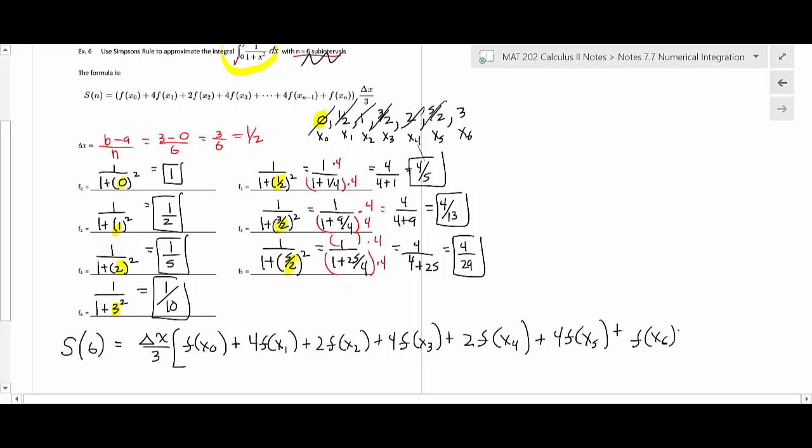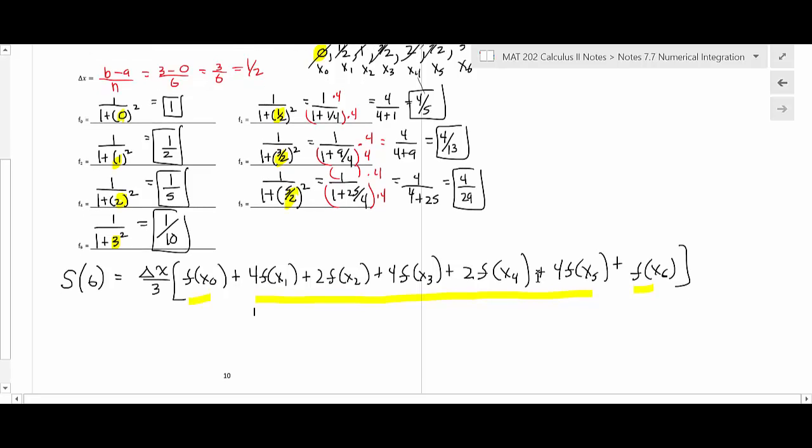That's a weird formula, but that's the way it goes. The first and last term are just the function, and all the rest alternates. Starting with 4, it goes 4, 2, 4, 2, 4, 2. That's the way Simpson's Rule goes.